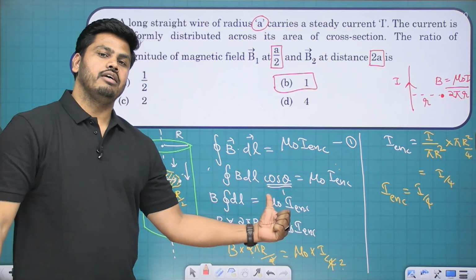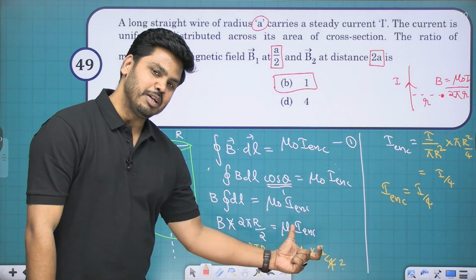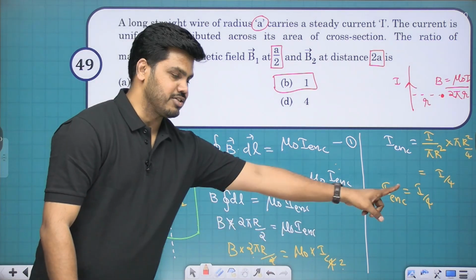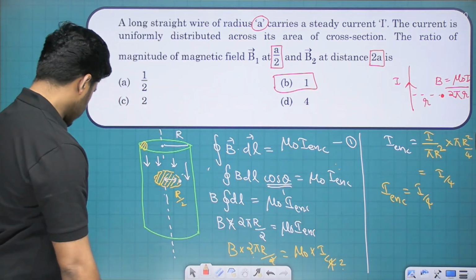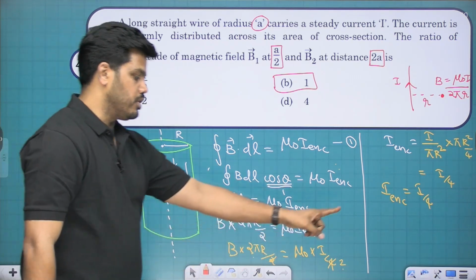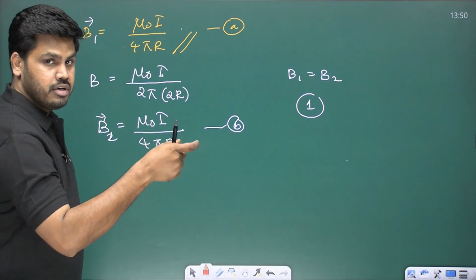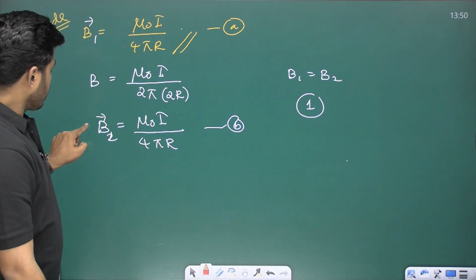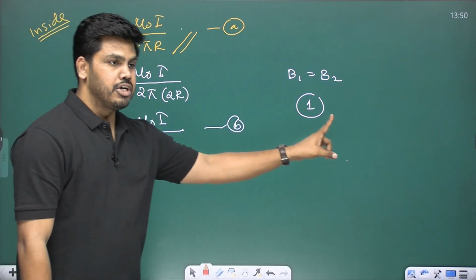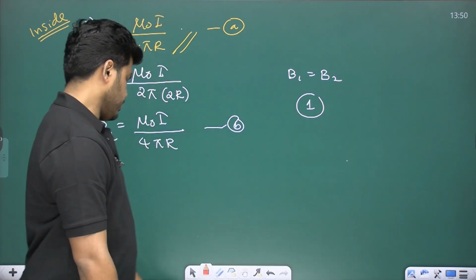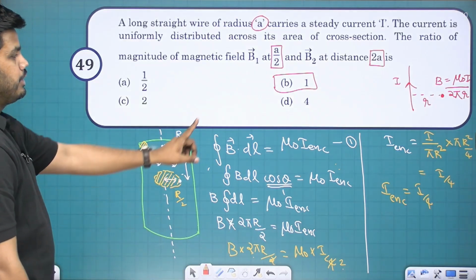So we applied Ampere's circuital law to derive the expression for magnetic field. We found the magnetic field inside the wire, mu naught I by 4 pi R, at a distance half of the radius. Then we found the magnetic field outside also. We have taken the ratio as per the question. We got answer 1. Okay, fine.